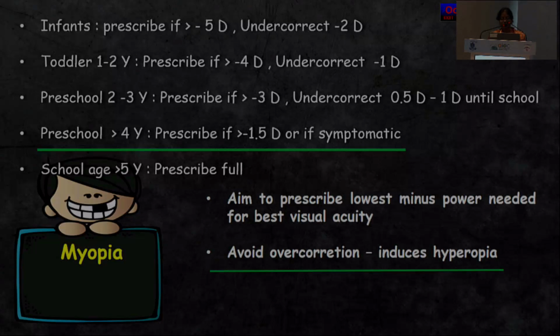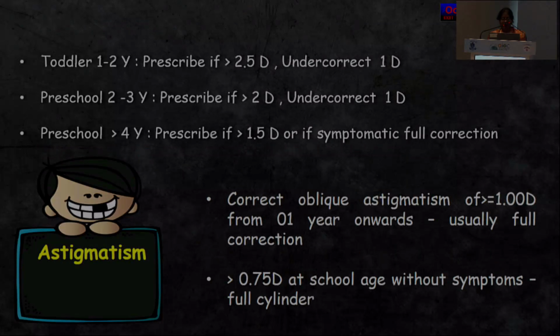You need to give full correction. And coming on to astigmatism, for a preschooler more than 4 years of age, prescribe if it is more than 1.5 diopter. In astigmatism, there is some confusion whether to prescribe full or keep them undercorrected.